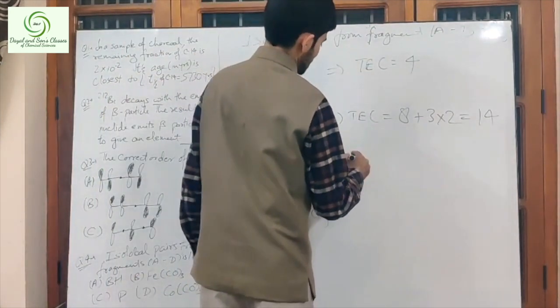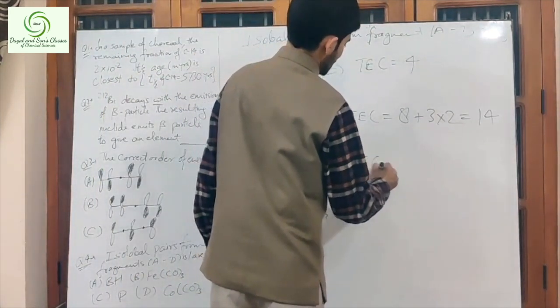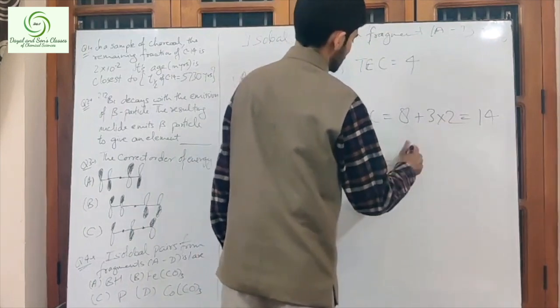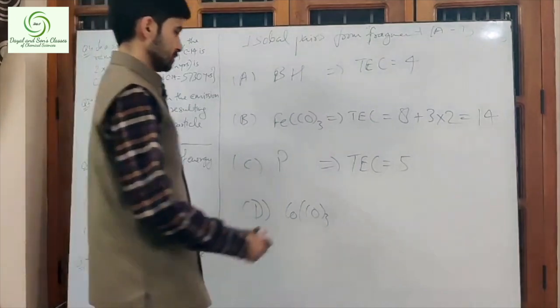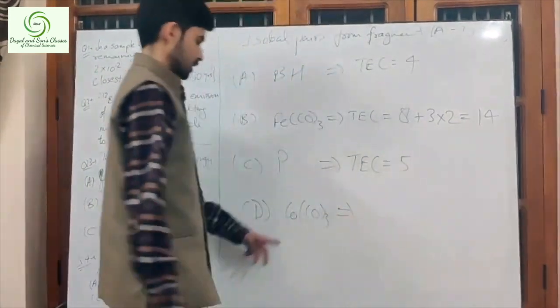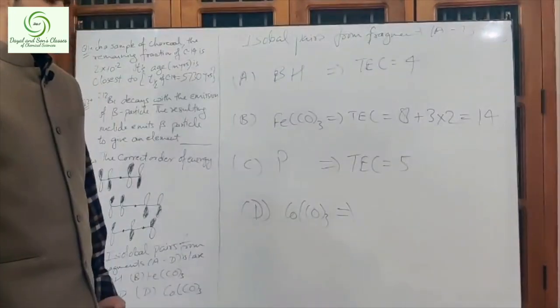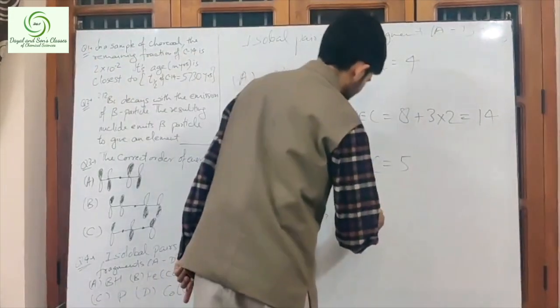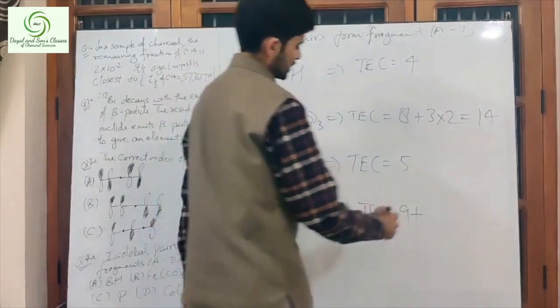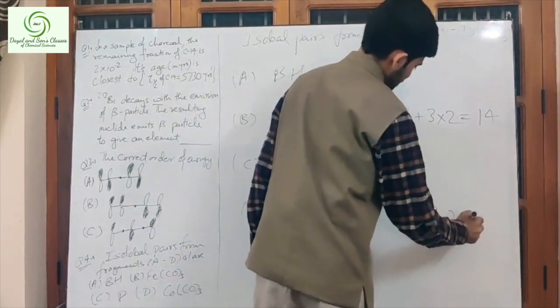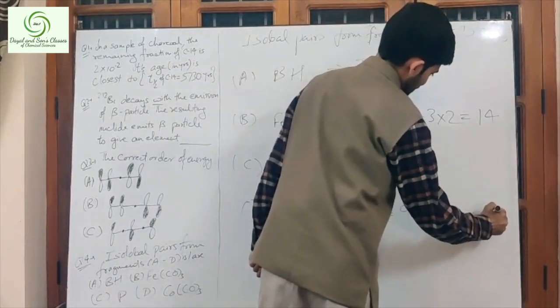For phosphorus, the total electron count is 5. In Co(CO)3, cobalt contributes 9, plus there are 3 COs, 1 contributes 2, 3 into 2, so this will give me 15.